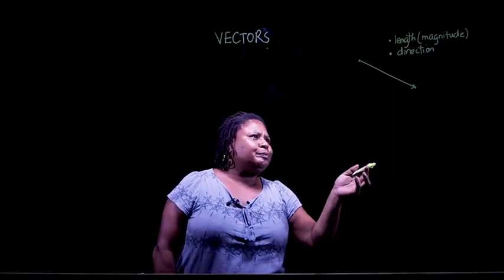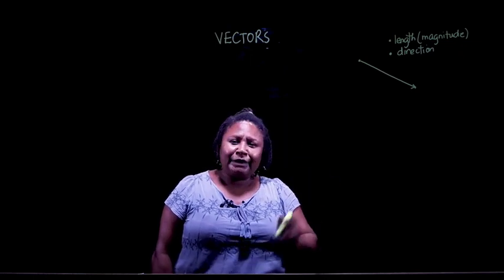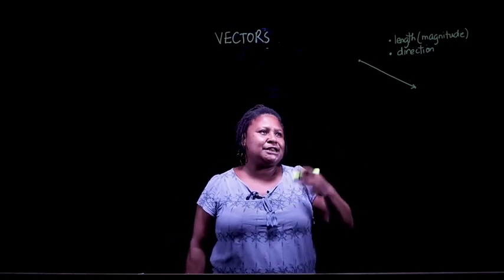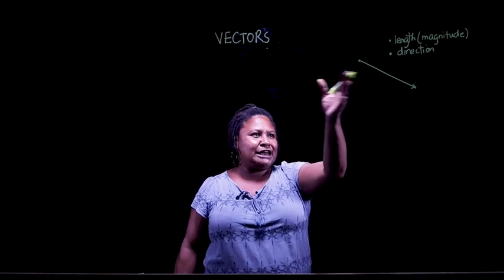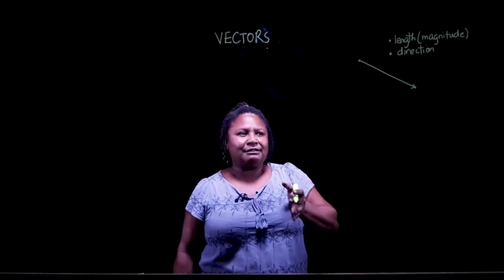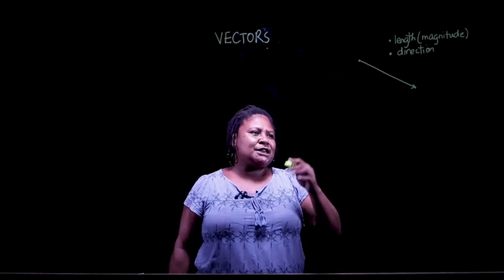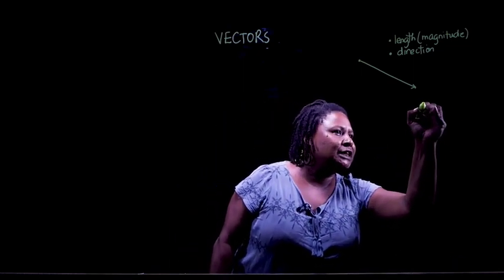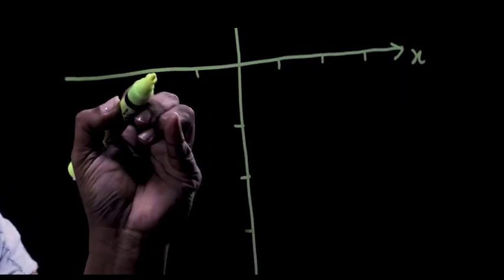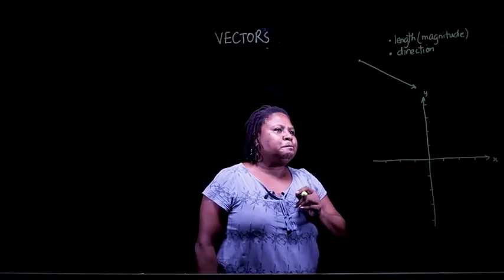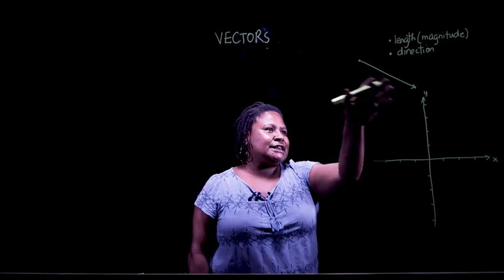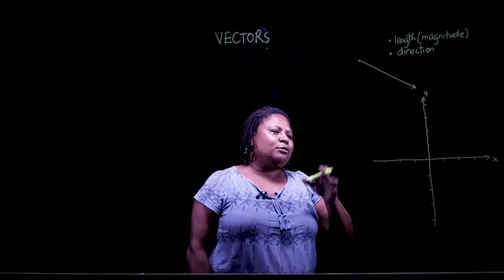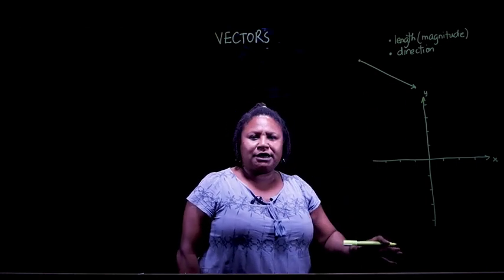Now, remember in maths, we always use numbers, and we can actually measure these vectors. We measure the vectors with the help of our Cartesian plane, so we're going to draw a Cartesian plane. This vector can be at any point on our Cartesian plane.